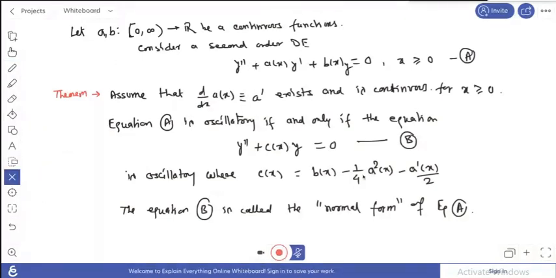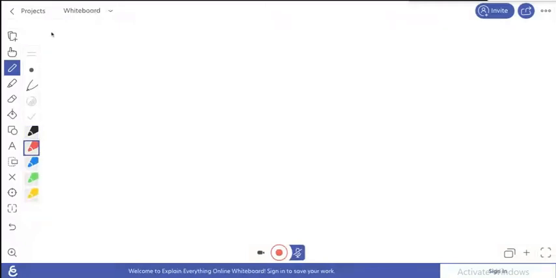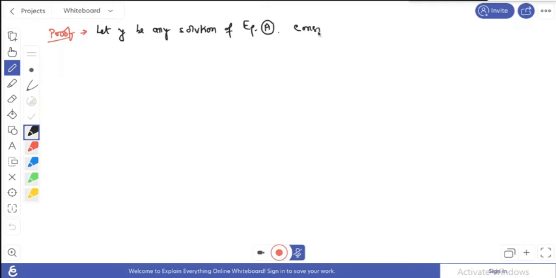So proof of this theorem, so next page, okay. What is the proof? So suppose y be any solution of equation A, I think yes, first equation A, so y be any solution of A, and we consider the transformation, that is say V(x) and Z(x).